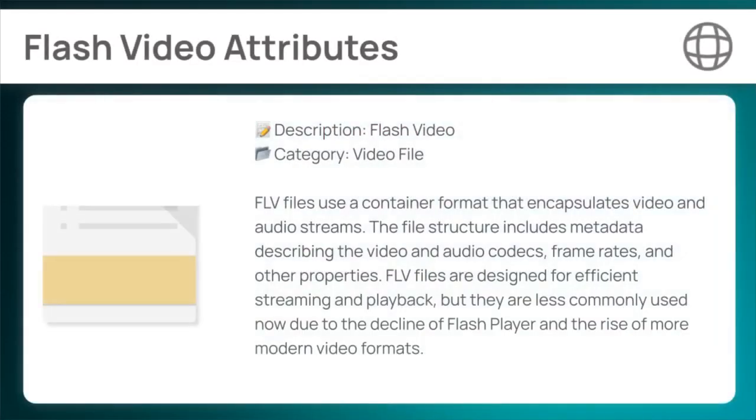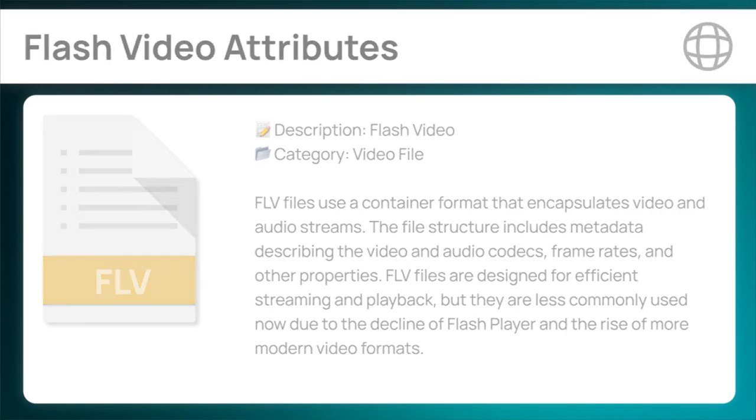FLV files use a container format that encapsulates video and audio streams. The file structure includes metadata describing the video and audio codecs, frame rates, and other properties. FLV files are designed for efficient streaming and playback, but they are less commonly used now due to the decline of Flash Player and the rise of more modern video formats.